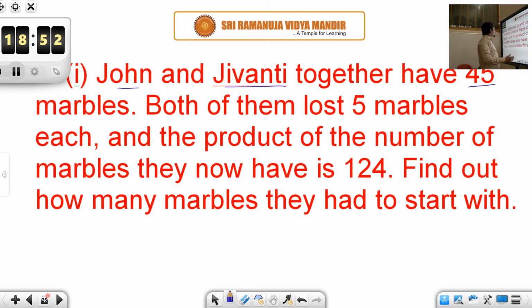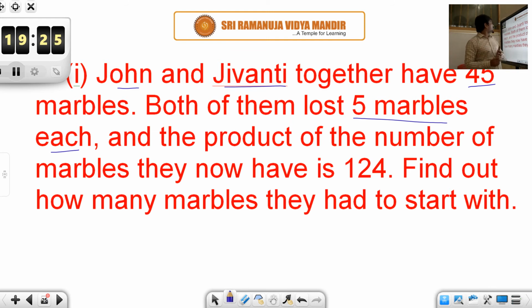Both of them lost 5 marbles each, and the product of the number of marbles they now have is 124. Find out how many marbles they had to start with.